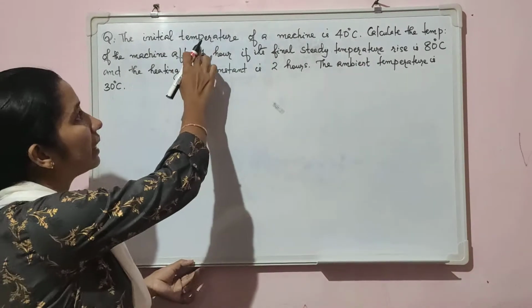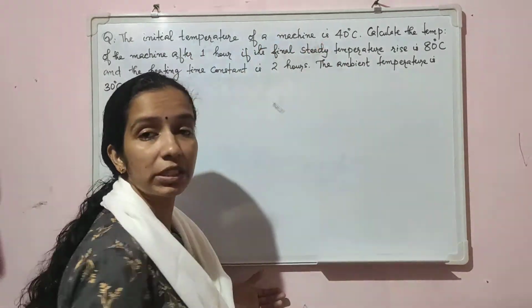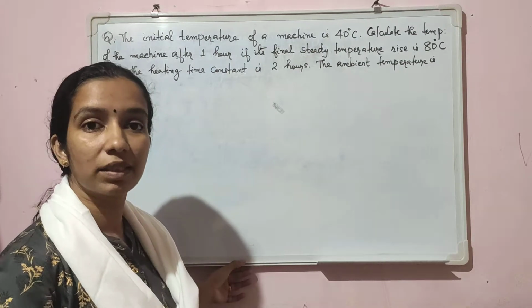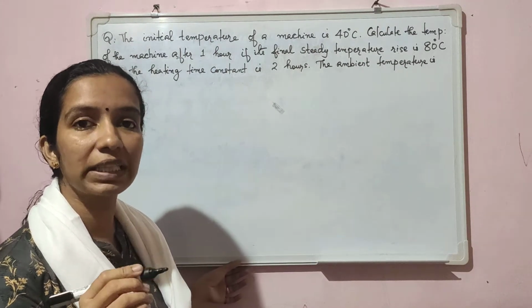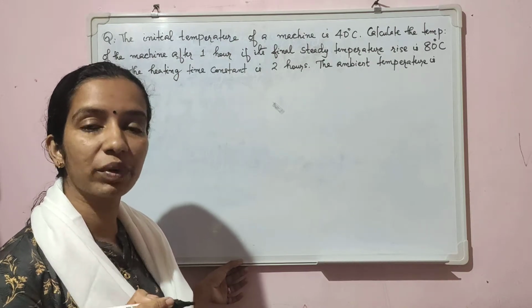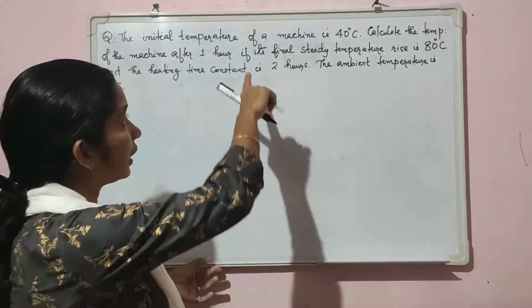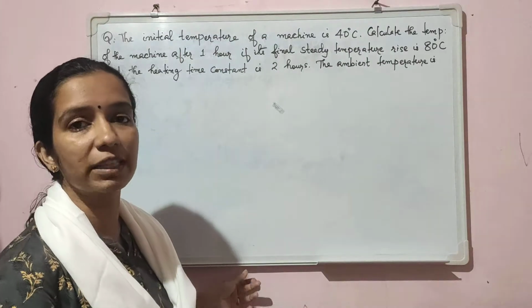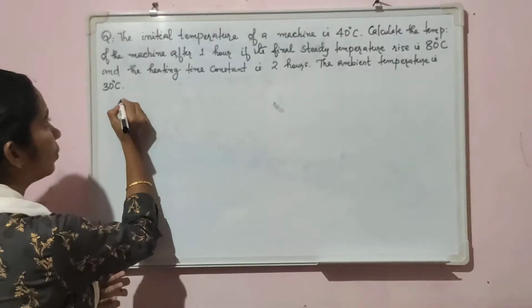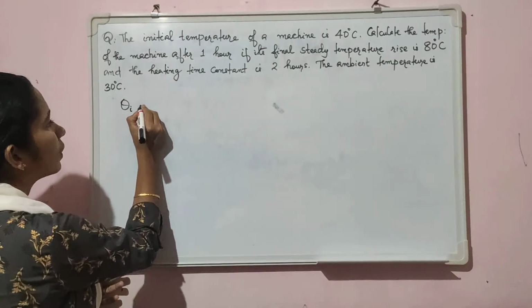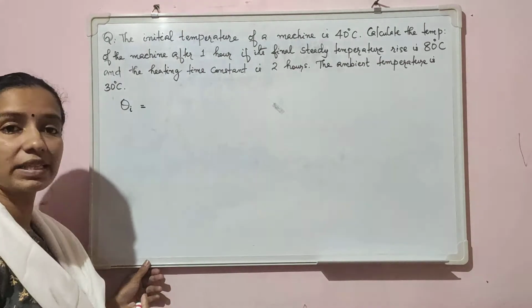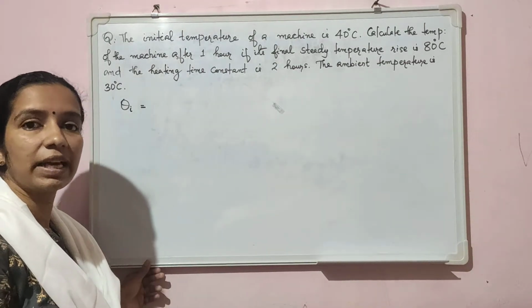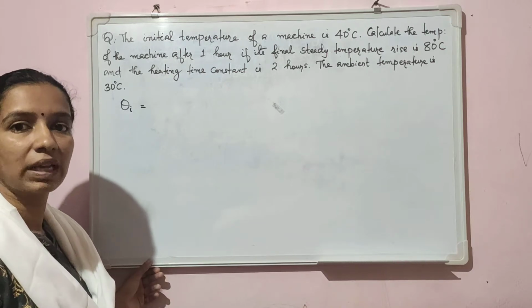So it is given that the initial temperature of the machine is 40 degrees Celsius. We have defined our theta I as the initial temperature rise. So here the initial temperature is given, so we have to calculate the value of theta I. And theta I is the temperature rise above the ambient medium.